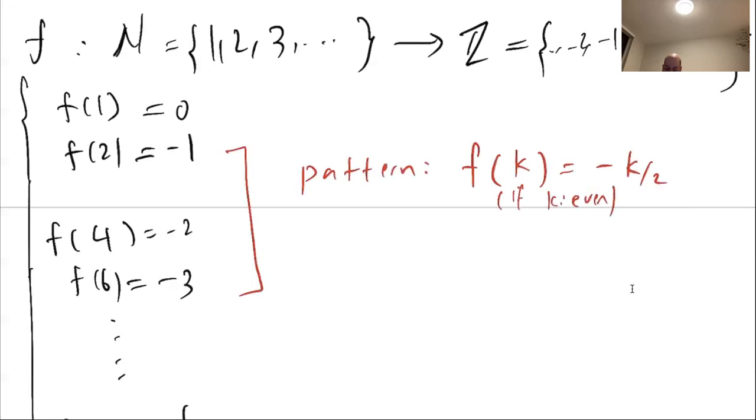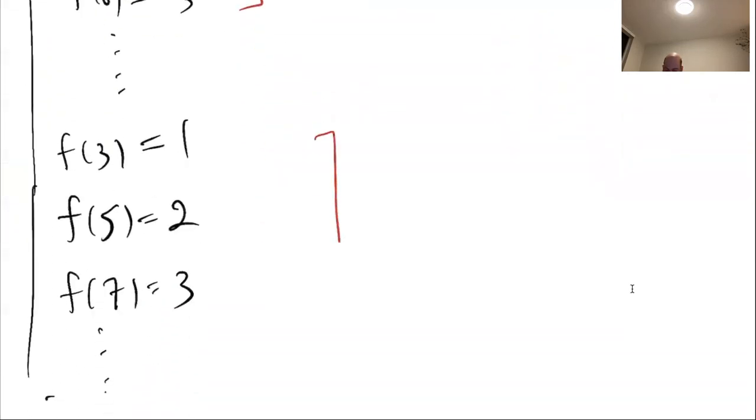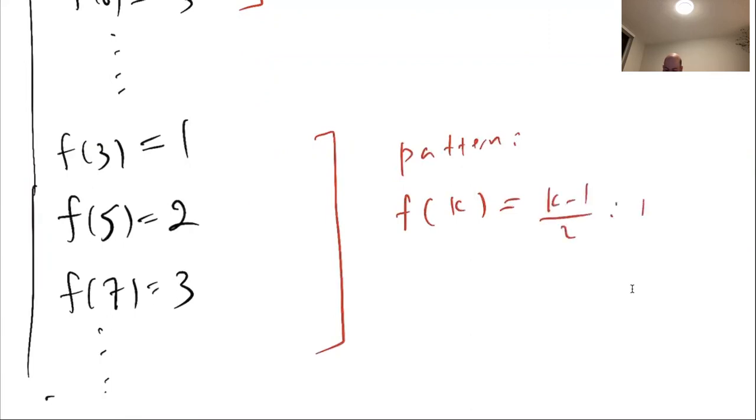For even numbers, like f of 2, we said -1, so -2 over 2. F of 4, -4 over 2. F of 6, -6 over 2, and so on. What about the odd ones? F of k this time is (k - 1) over 2 if k is odd.